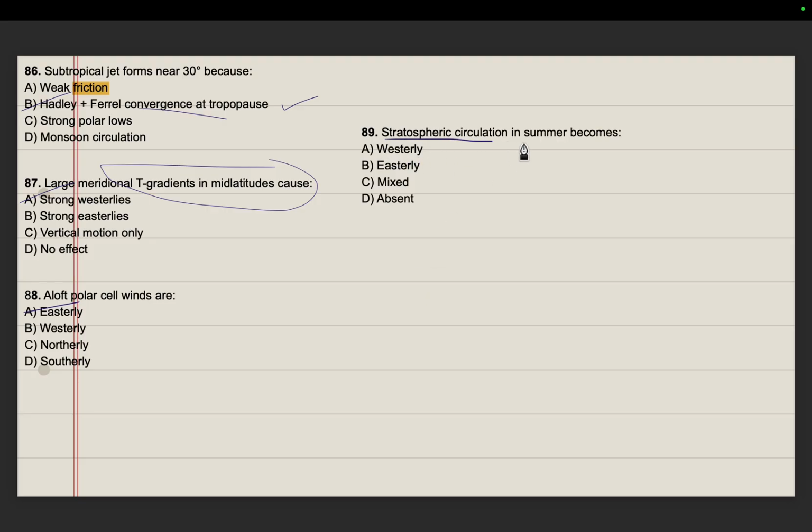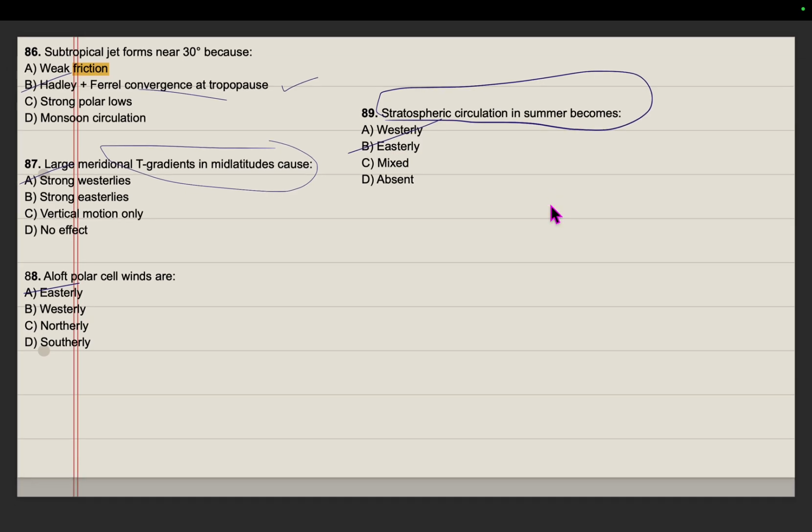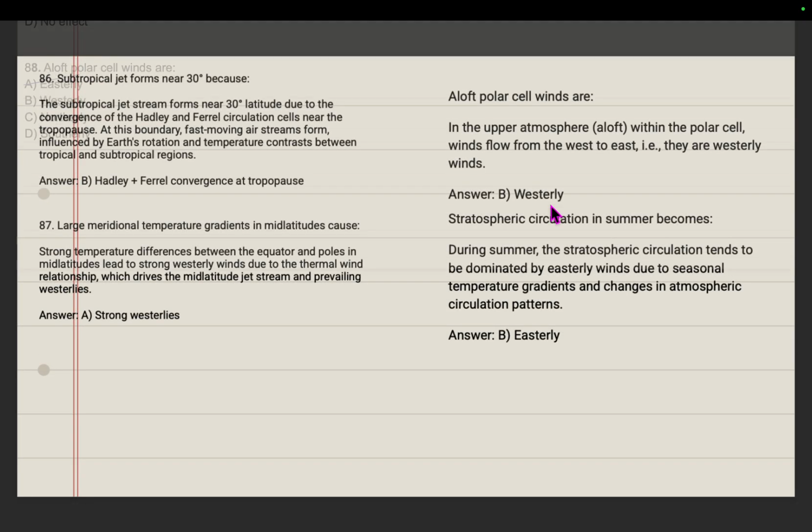Stratospheric circulation changes direction in both winter and summer, and it is seen that the stratospheric circulation is easterly in summer and westerly in winter. Question 89, option B is correct.